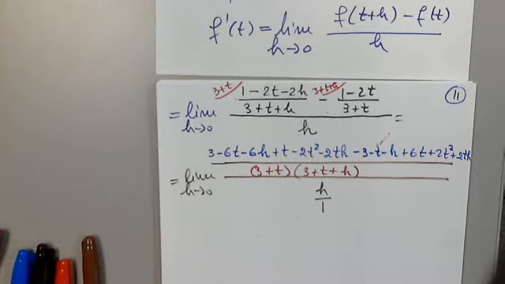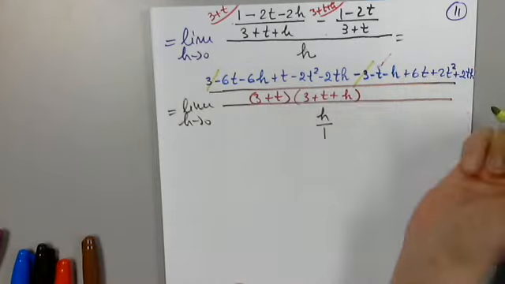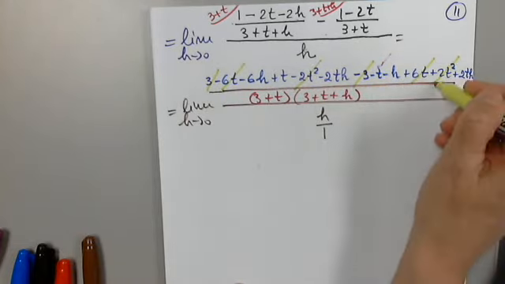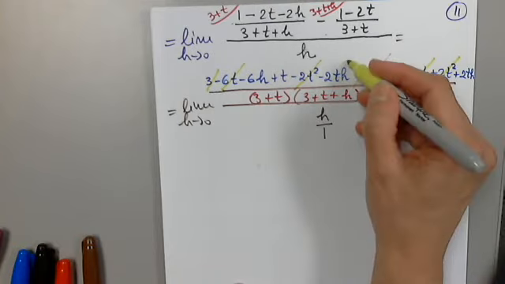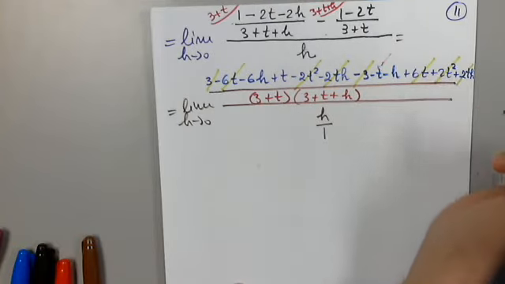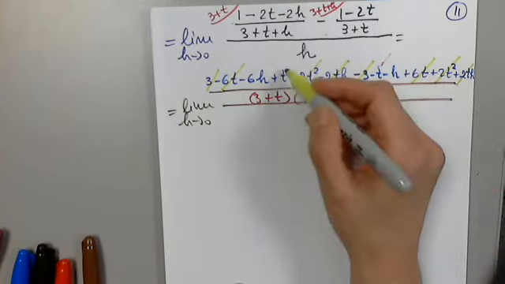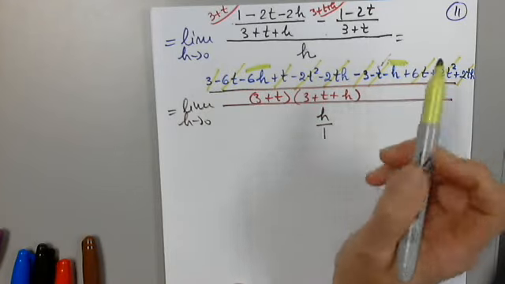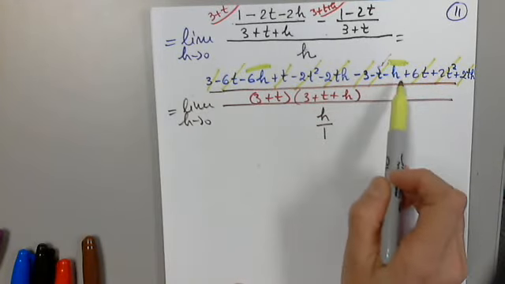All terms without h must go away. It's a bonus if more than just those. But I'm not expecting anything. So the 3 with a negative 3, the 6t with a negative 6t, the 2t squared with a negative 2t squared, luckily 2th with negative 2th, positive t with negative t, and what is left is this and this. Everything else has canceled out.